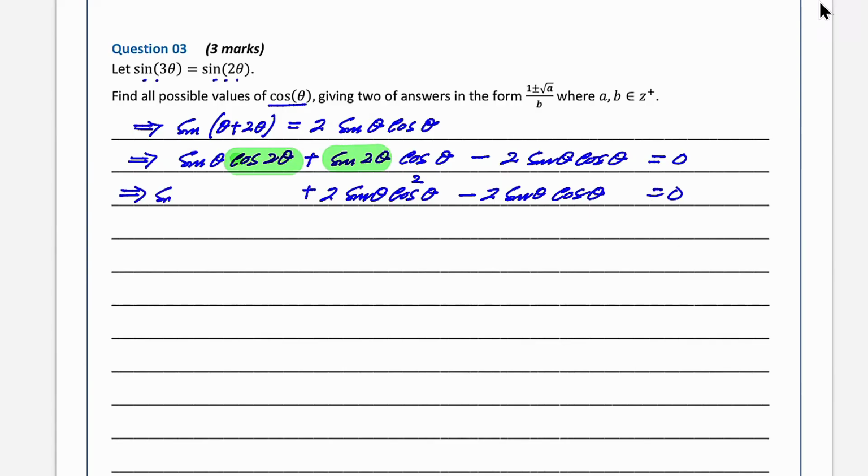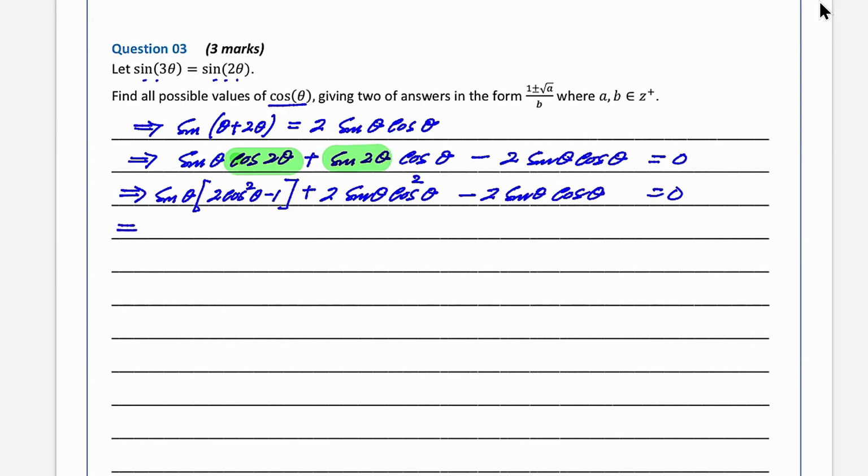So I keep sine theta here, and this I'm going to write as 2 cos square theta minus 1. Do you think my thinking is right? My thinking should be right, because the whole point is to convert everything into cos format, right? I don't know where I'm going yet, but my thinking should be right because I'm going towards a certain logic, right? Good.